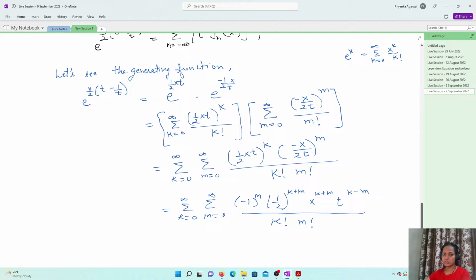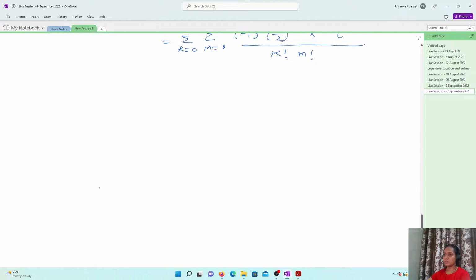Right? Now there could be cases when k minus n is positive or k minus n is negative. So we will see case by case. Let's say case 1, where the power of t is positive.